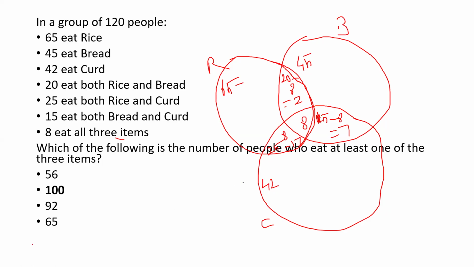You can see the colored part in the diagram. We need to cover these three things up: minus this 2, this 8, this 17. 2 plus 8 is 10, plus 17 is 27. 65 minus 27.